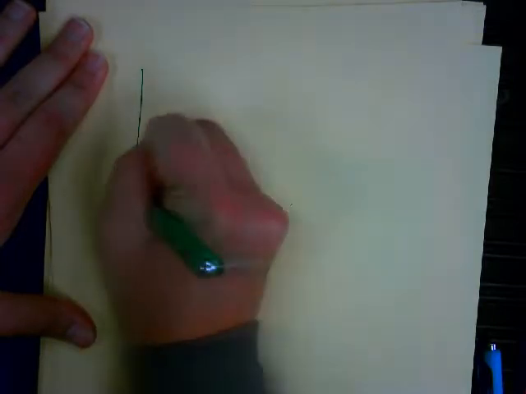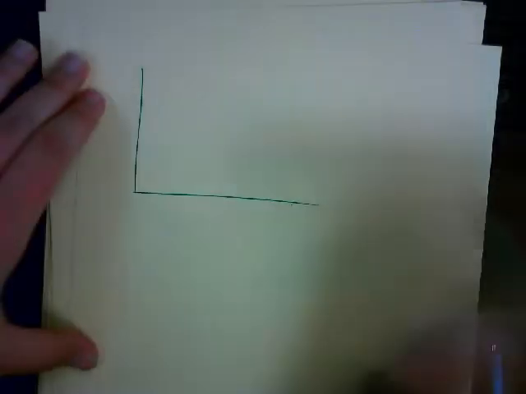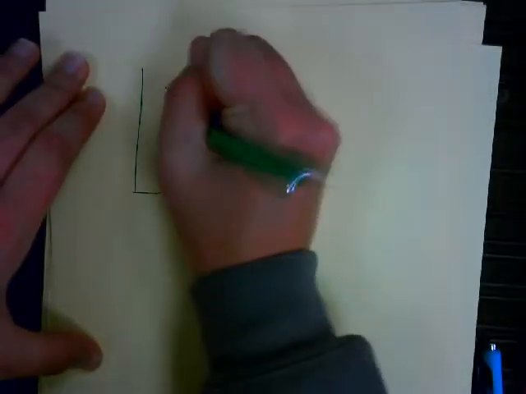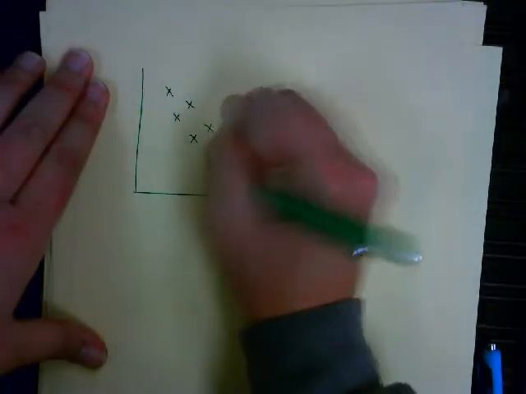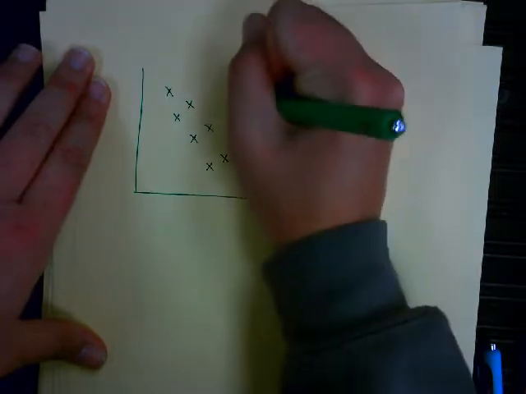So if I have my scatter plot, and I've got most of my data, and this isn't that data per se, I'm just going to kind of use this. So this is my outlier in the y direction.